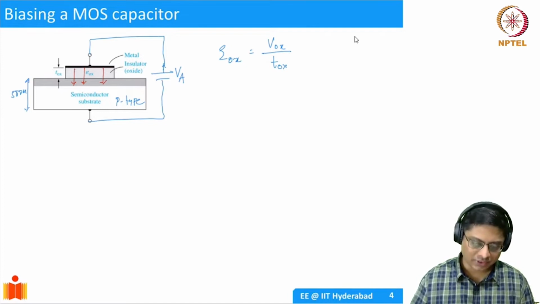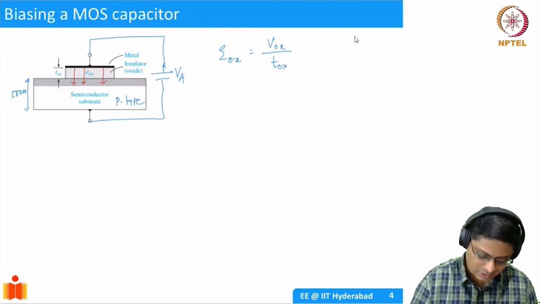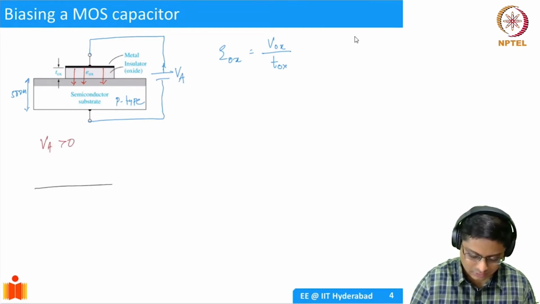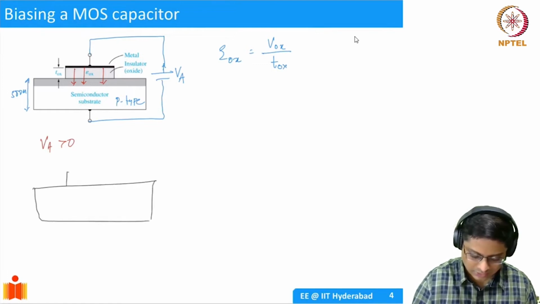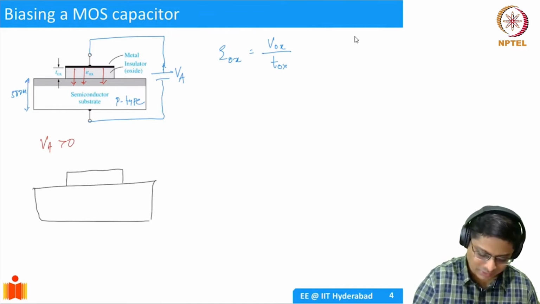So in this scenario, if you apply VA greater than 0, what should happen is you will have the oxide, and then you are applying metal. I can't show you the metal, but let's say there is a metal here.